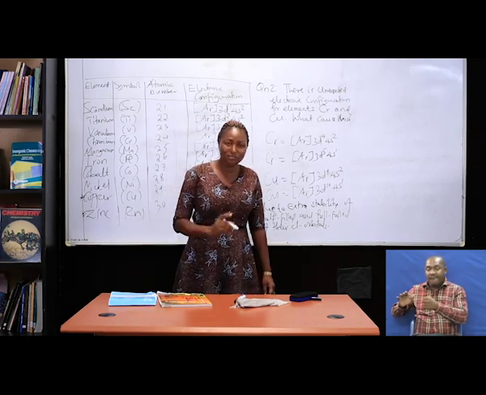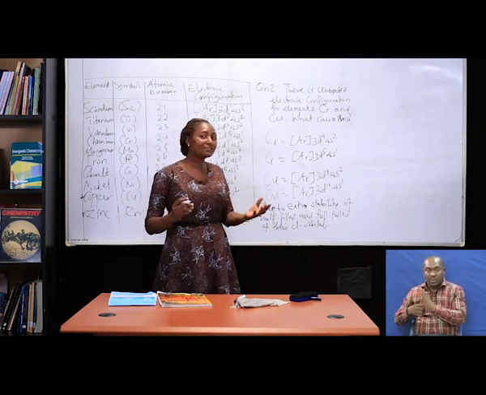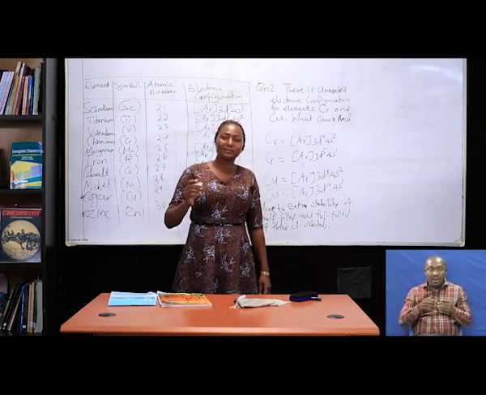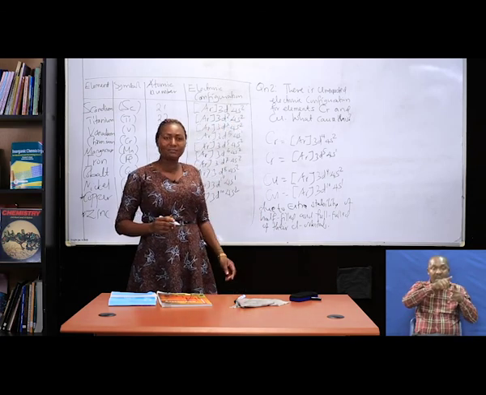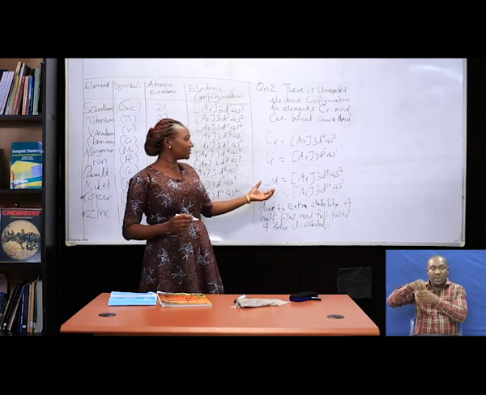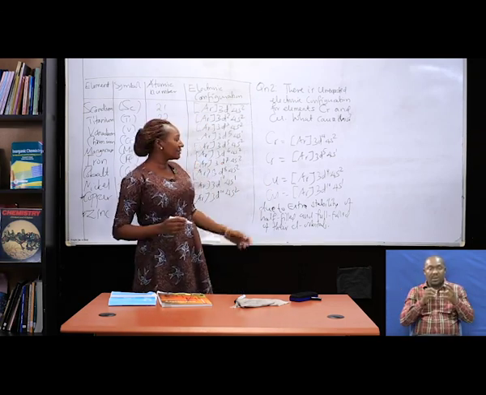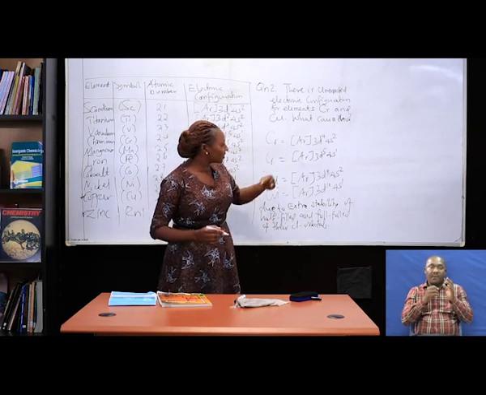For the f orbital, half-filled must contain 7 electrons and full-filled 14 electrons. But we are dealing with the d orbital.